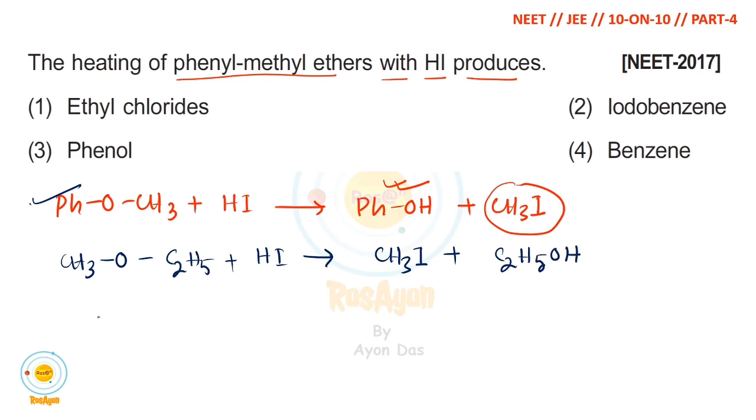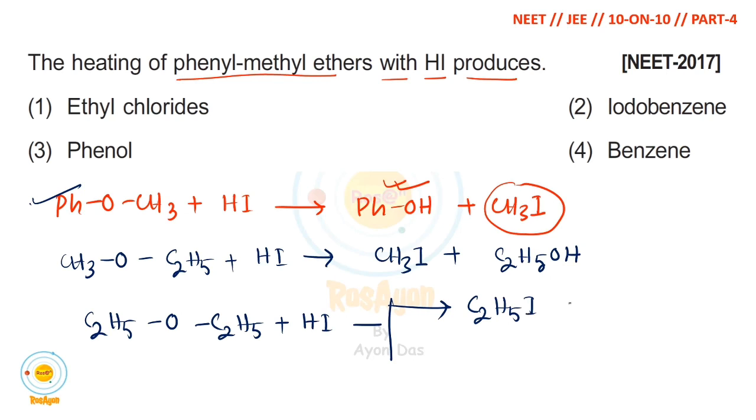And if you react diethyl ether, that means C2H5OC2H5, with HI, it produces C2H5I, that means ethyl iodide, with ethanol C2H5OH, when the HI is cold and dilute.